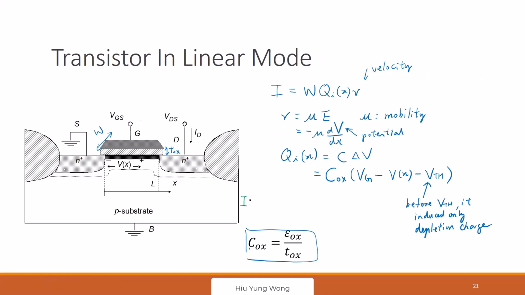Then you get I equal to W over L, mu C_ox times (VGS minus VT) times VDS minus VDS squared divided by 2. This is the final result, the equation you have learned in the so-called linear mode. But why do we go through this? Because then you understand why the capacitances are important.